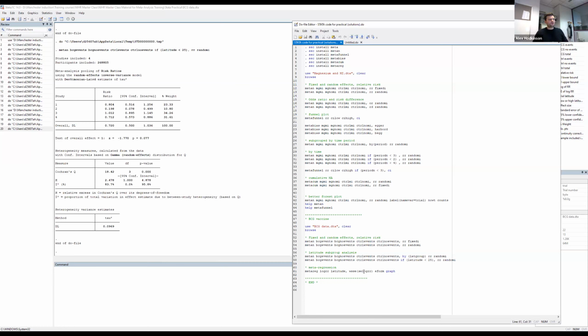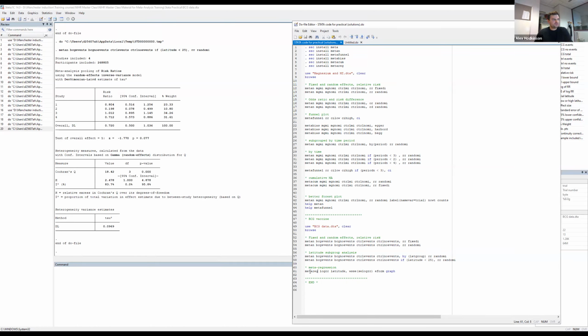The reason we do it on a log scale is simply because it's a negative infinity to infinity scale, and it makes it a lot easier from a clinical perspective to interpret the magnitude of change on the scale of any meta-analyses.